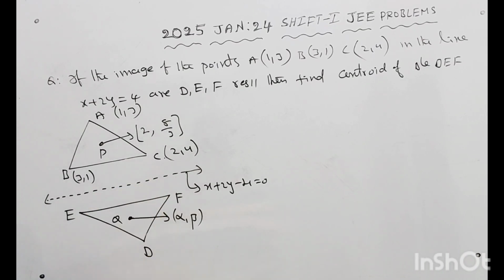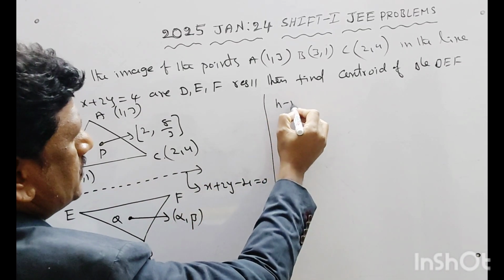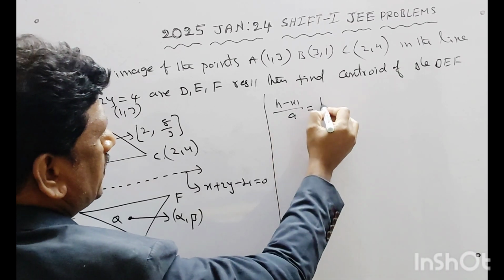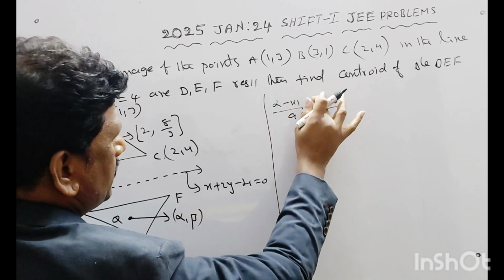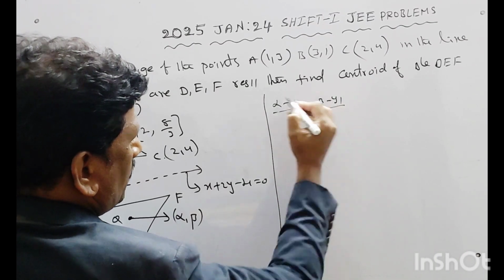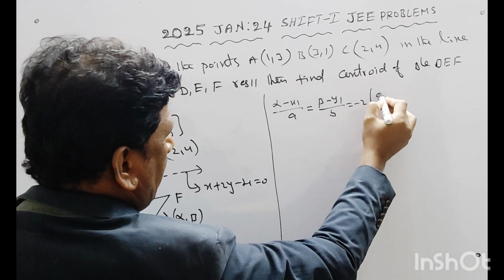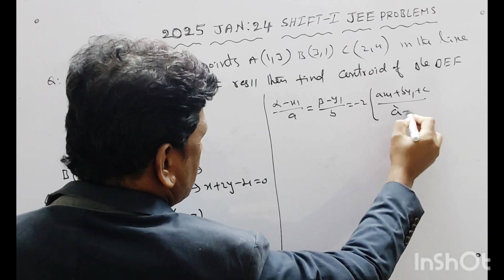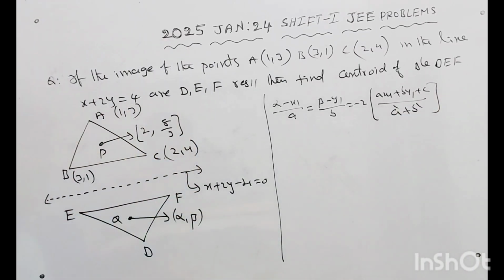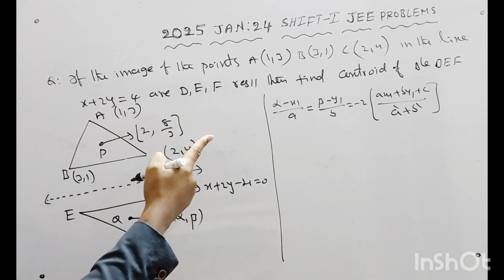With the help of the image concept, what is the image formula? Taking alpha comma beta: h minus x1 by a is equal to k minus y1 by b is equal to minus 2 into (ax1 plus by1 plus c) by (a square plus b square). This is the image formula. To find the point Q, which is the image of point P, we have to use this formula.